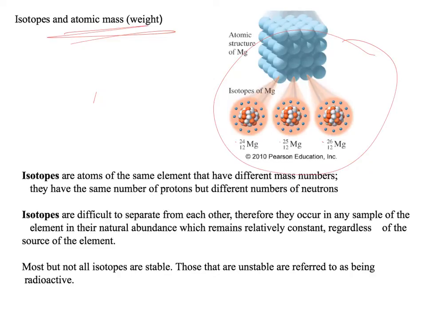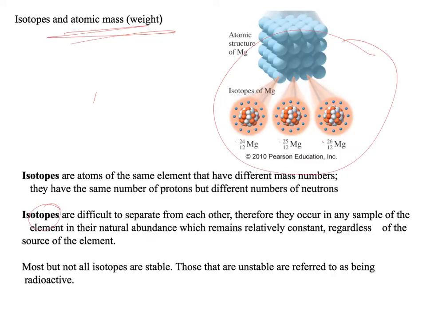So again, let's just clarify, what's an isotope? Same element, same atoms, but they have different mass numbers. So same atomic number, same number of protons, it's the number of neutrons that varies. Isotopes are very difficult to separate from each other, so they only occur in any sample of the element in their natural abundance, which remains relatively constant regardless of where you got it.